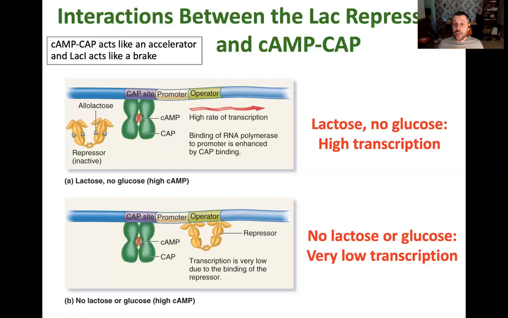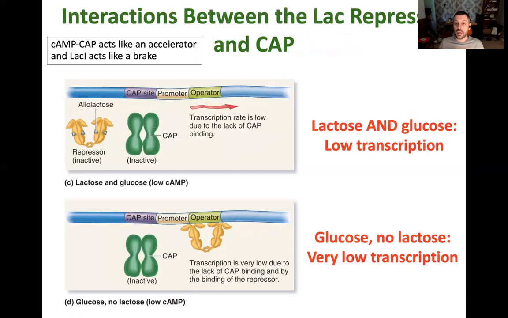What about the other possibilities that the cell can find itself in when it comes to lactose and glucose in its environment? Well, if both lactose and glucose are present, there's going to be low levels of cAMP because glucose levels are high. That actually prevents this transcriptional activator binding to the CAP site.